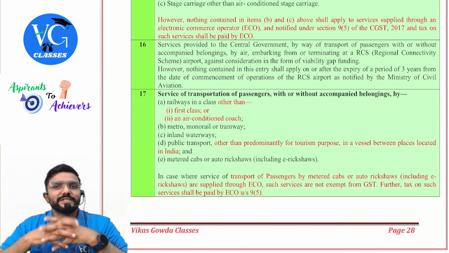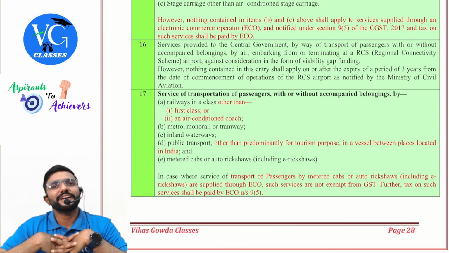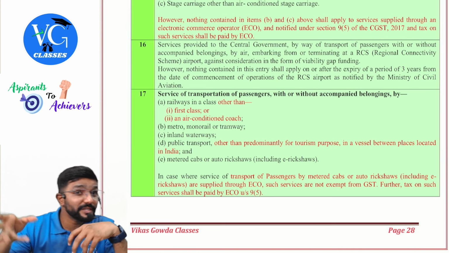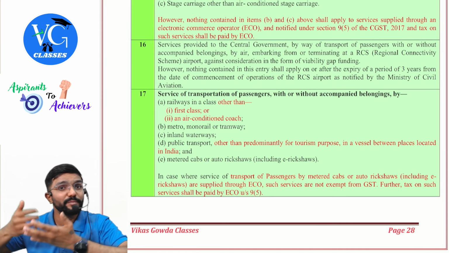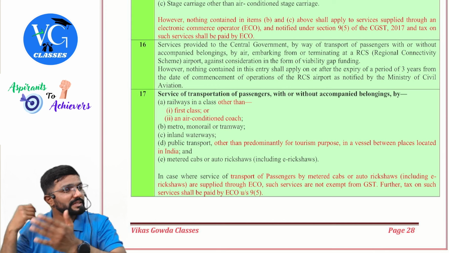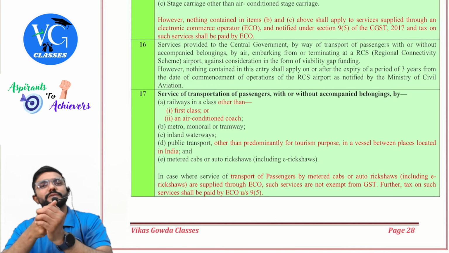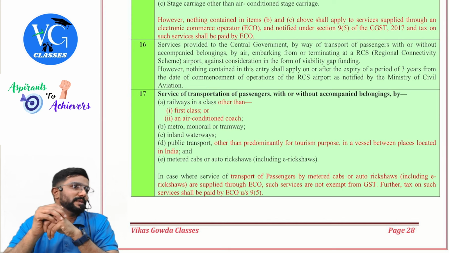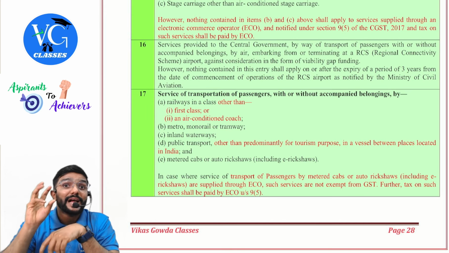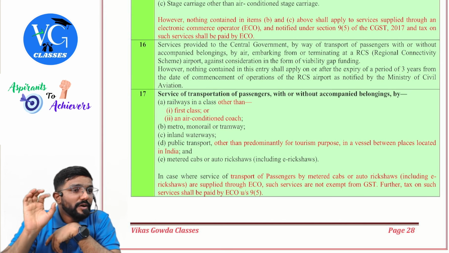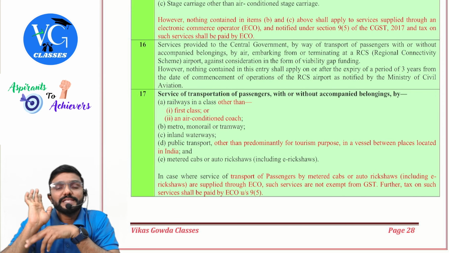Now, for the air connectivity, assume the central government is booking some tickets once the Manipur airport is ready, from Manipur airport to somewhere or from somewhere to Manipur. Then it is exempt. The government is the recipient of what? The airline services.